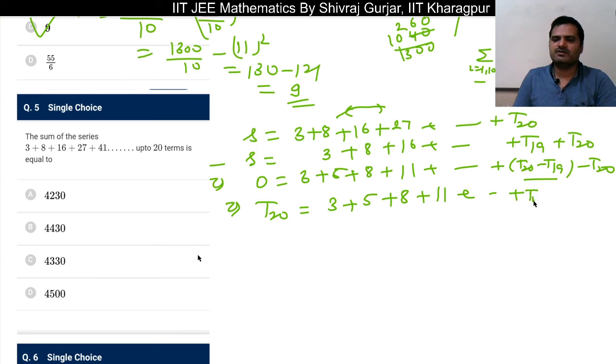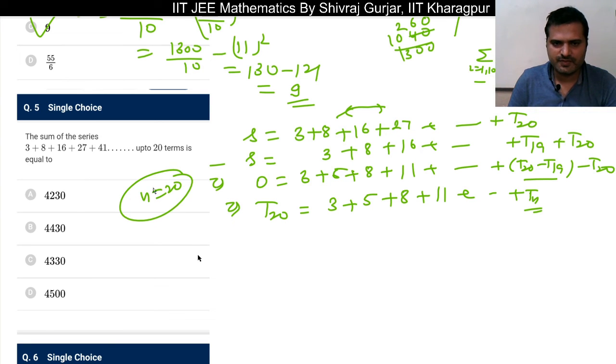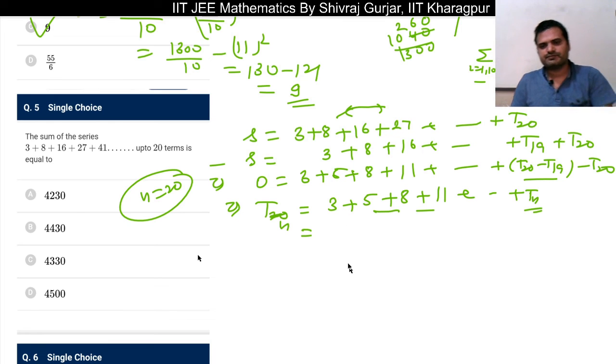If we take this as n, and n is nothing but 20 here, so Tn. Now this is 3 but here it is 2, so if we make it 2, then it will become 3, so 1 plus, we can say like this.